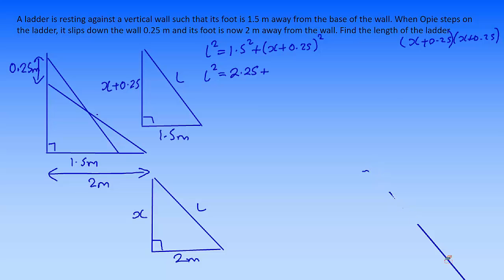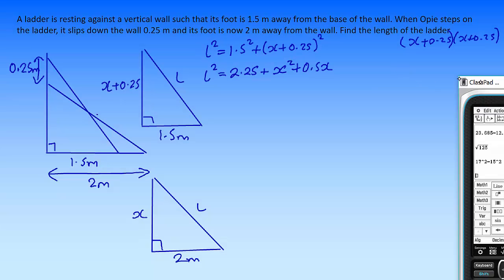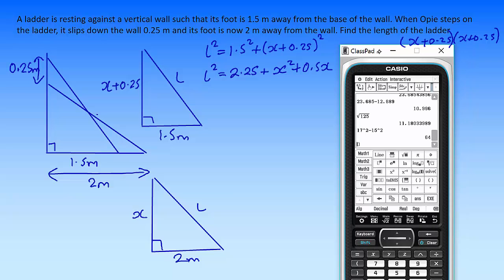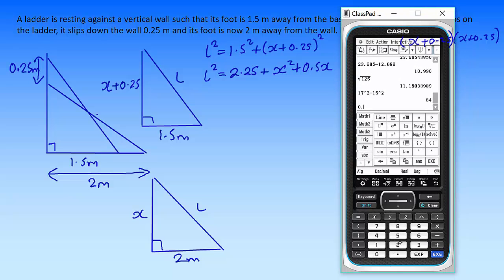So we've got to expand that out. So that would give me x squared plus 0.5x plus 0.25 times 0.25. I'm just going to bring the calculator in for that. 0.25 times itself just means squaring it. So that's 0.0625.